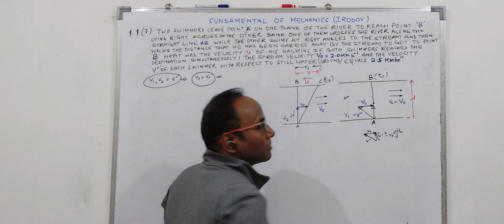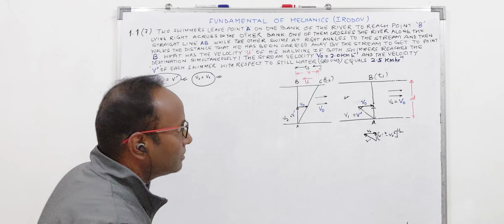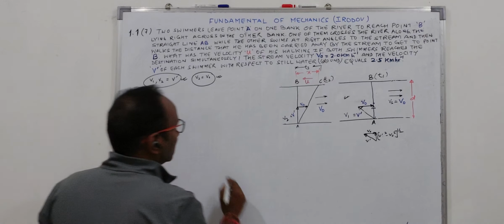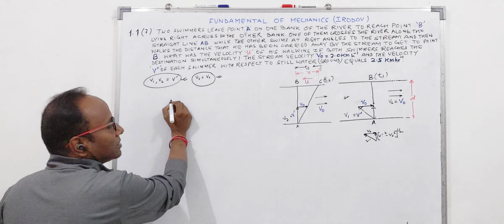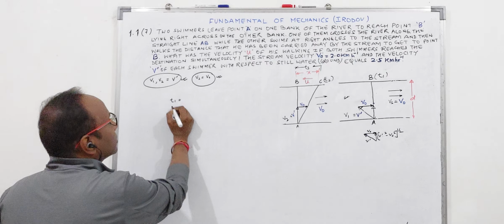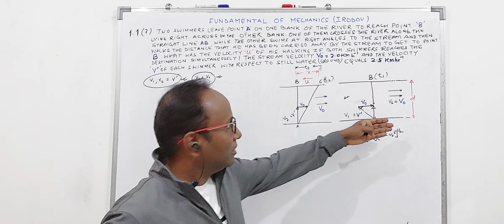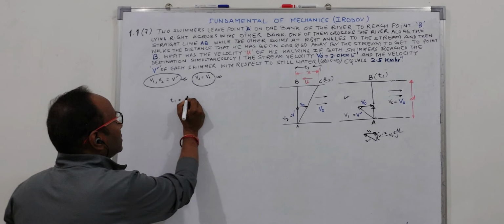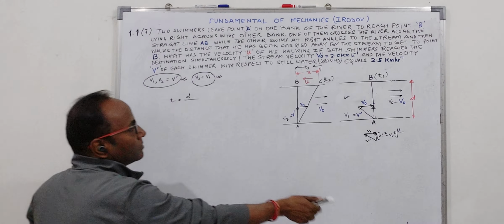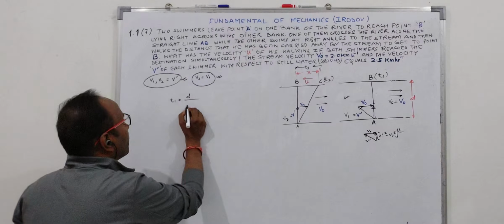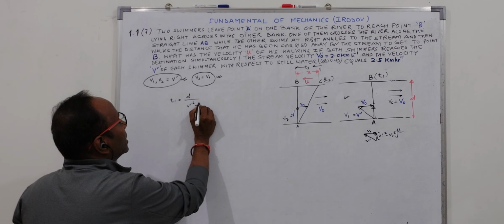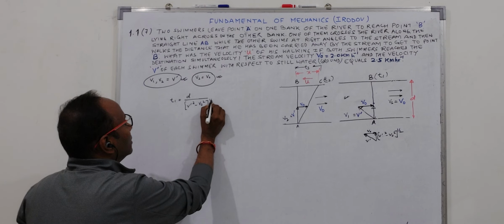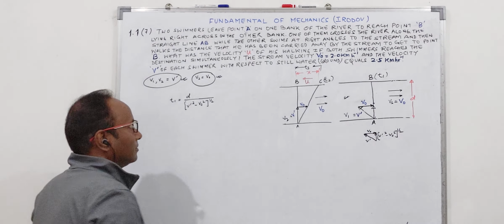Suppose swimmer 1 takes time t1 to reach from A to B, and let's say the width of the river is d. So t1 is equal to d by the square root of v dash square minus v naught square.